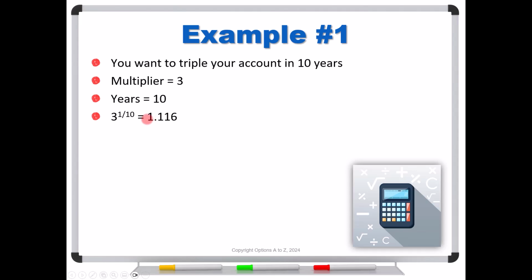So we take 3 raised to the 1/10 equals 1.116. We take this number, we subtract off 1, convert it to a percent, and it would be about 11.6% per year. So if you generated 11.6% per year, every year without fail for 10 years, you would triple your account.